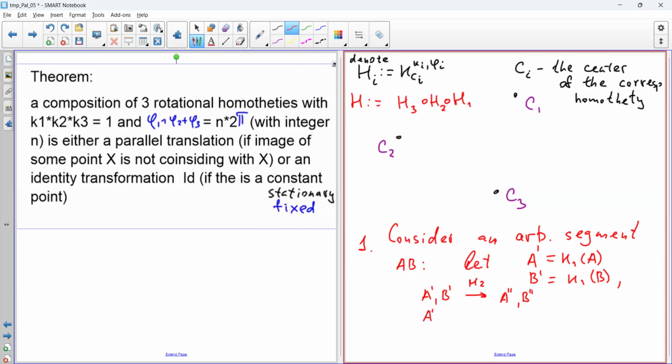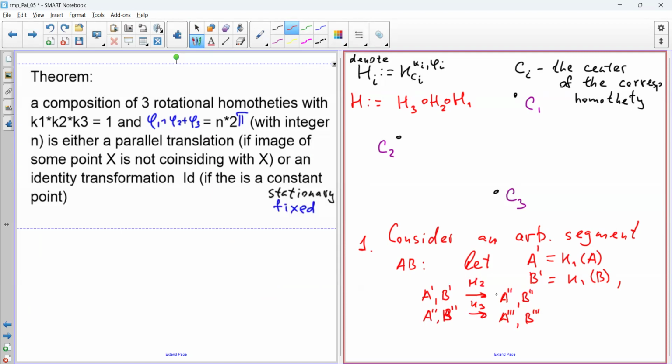And these two would be sent to A triple prime and B triple prime under H3.